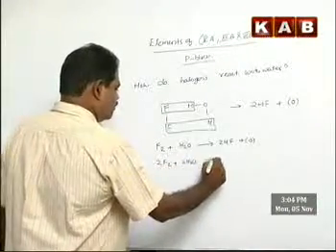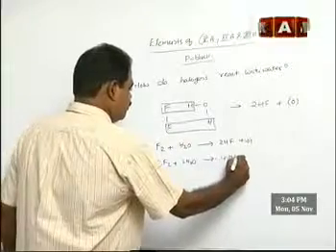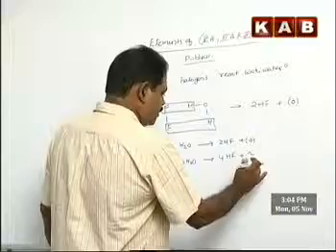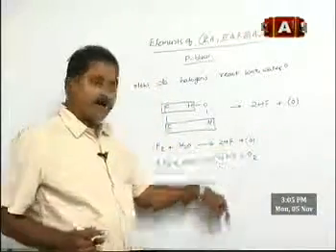If 2 fluorines react together, you get 4HF plus O2. It's not necessary that only 2 oxygens combine.